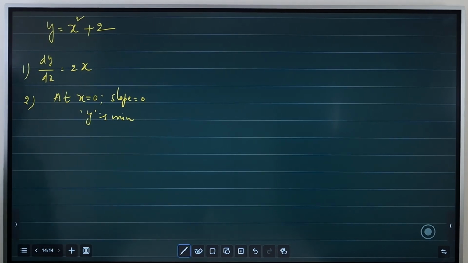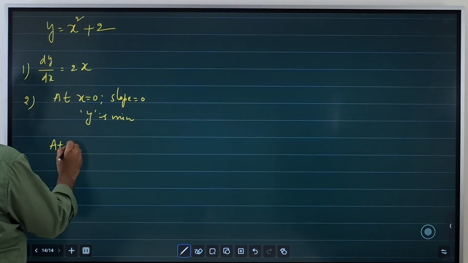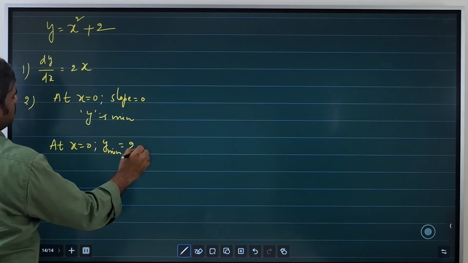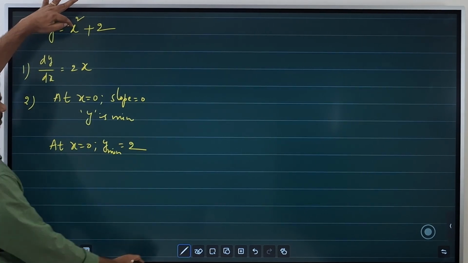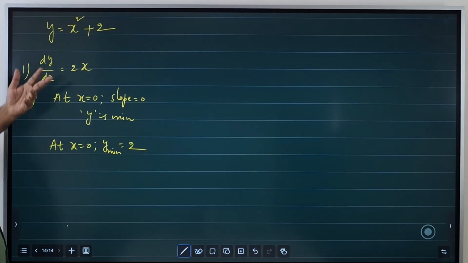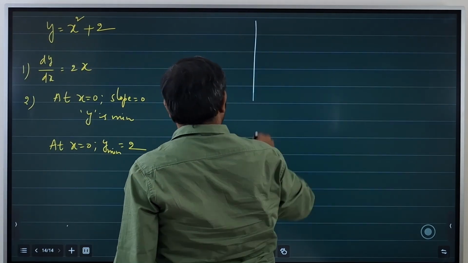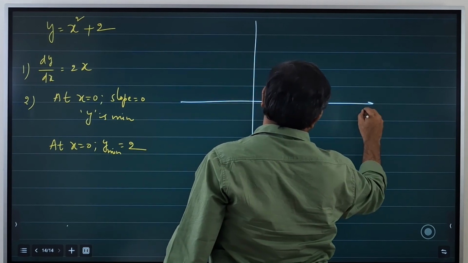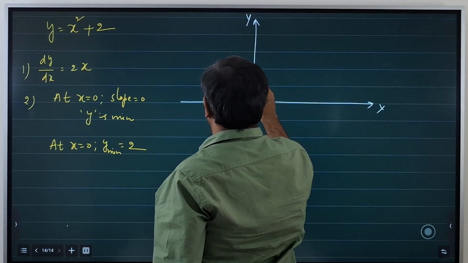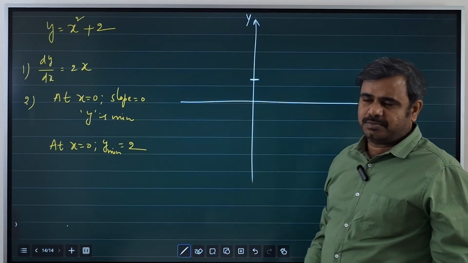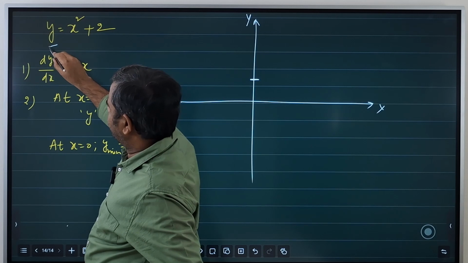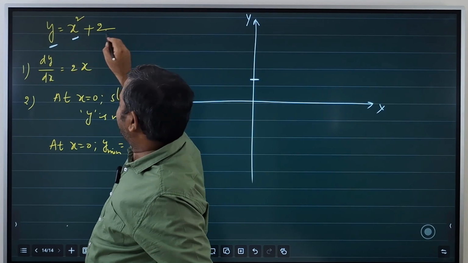Y is minimum. And at x is equal to 0, that minimum value is equal to 2. Substitute x is equal to 0 here. The minimum value of y is equal to 2. It means the difference between the previous case and this case is that there is only a shift in the graph by 2 units up.